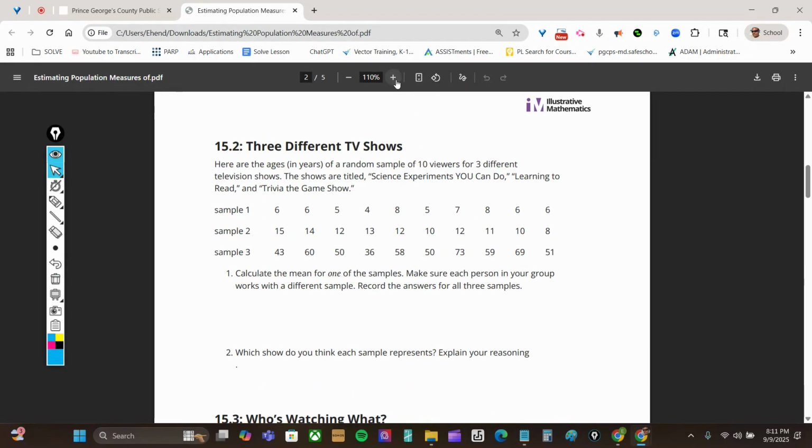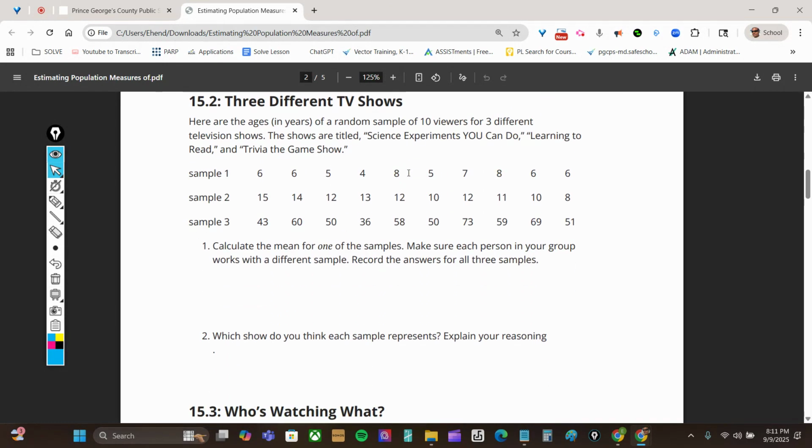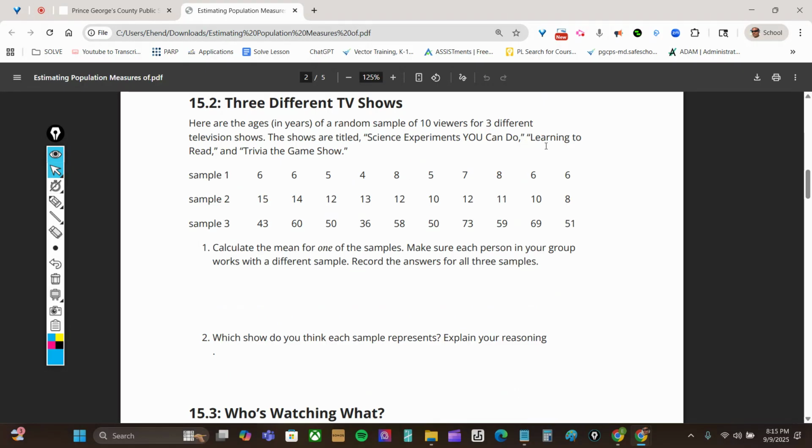All right. Go ahead, take a moment and read this question. It says: here are the ages in years of a random sample of 10 viewers for 3 different television shows. The shows are titled Science Experiments You Can Do, Learning to Read, and Trivia the Game Show.